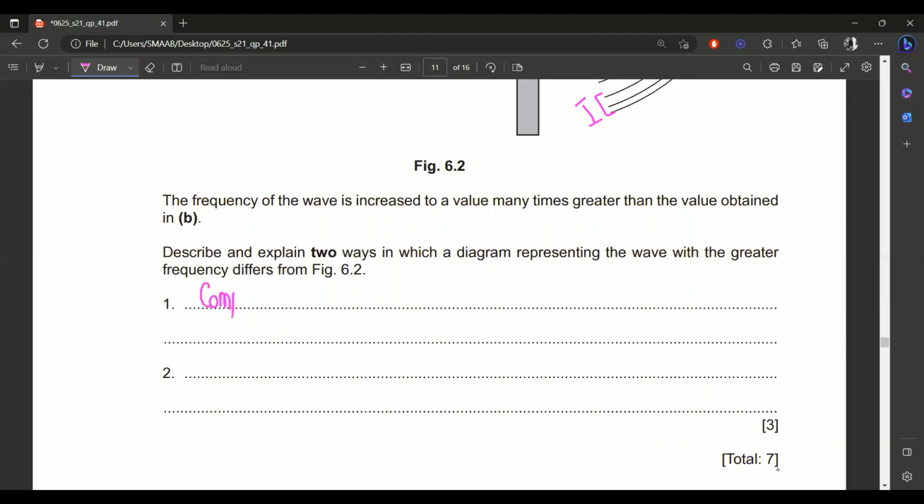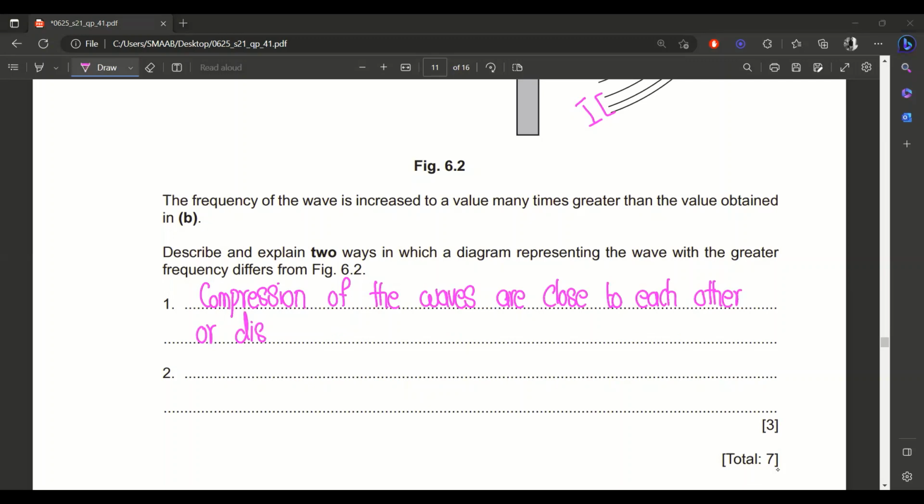So compression of the waves are close to each other, or distance will decrease.